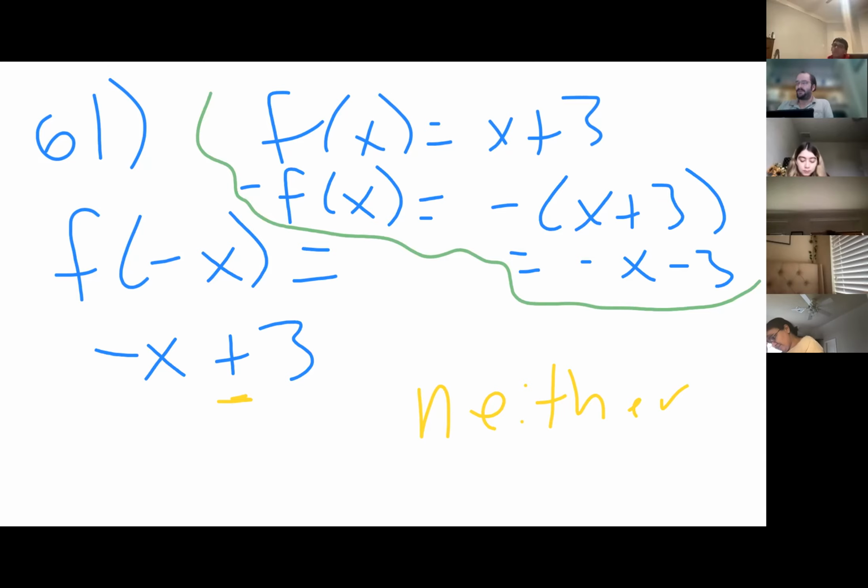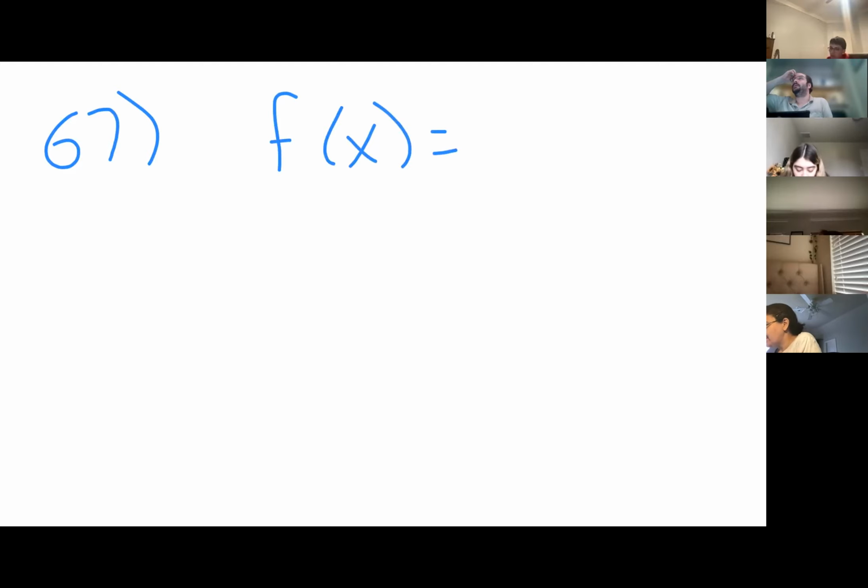Okay, so that was what, 61? We did 63 already, right? Yes, we did. And 67 would be the other one. So f of x is x to the third minus 2x.